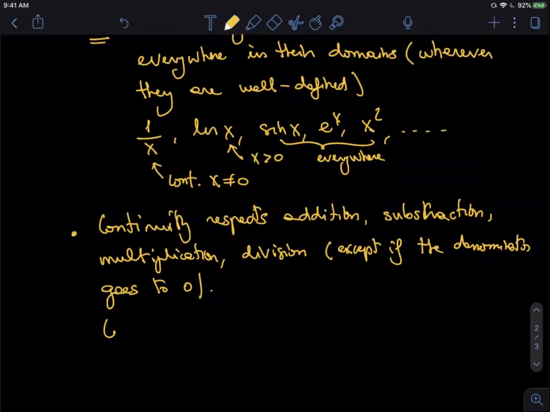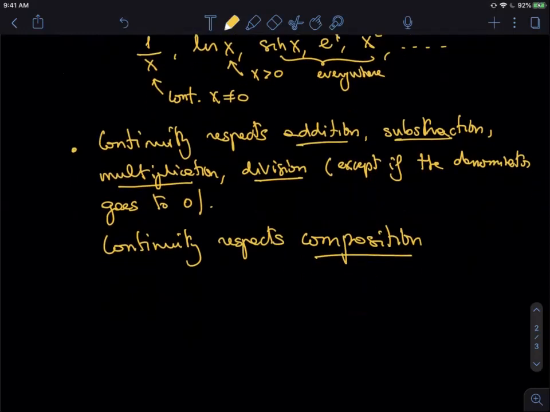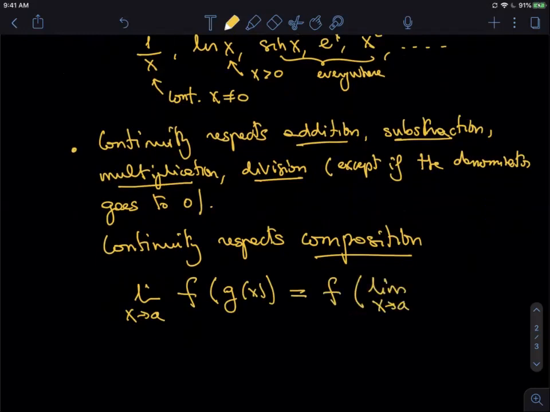And there's another very important one, that continuity respects composition. So we have addition, subtraction, multiplication, division, and composition. How would we write this down? The limit of f of g of x equals f of the limit of g of x as x tends to a.